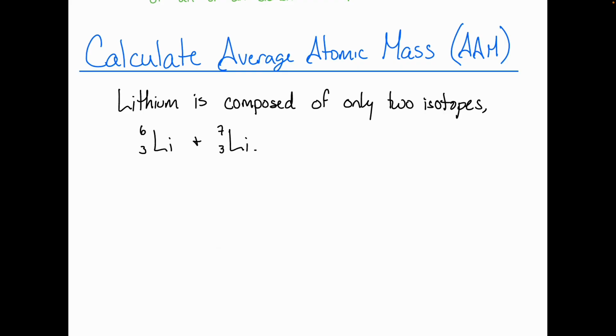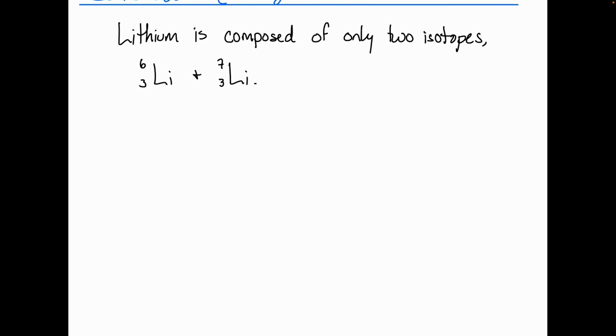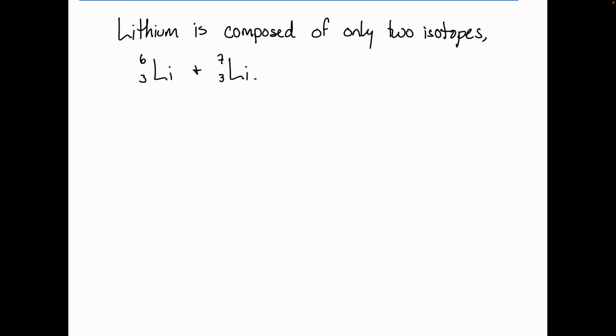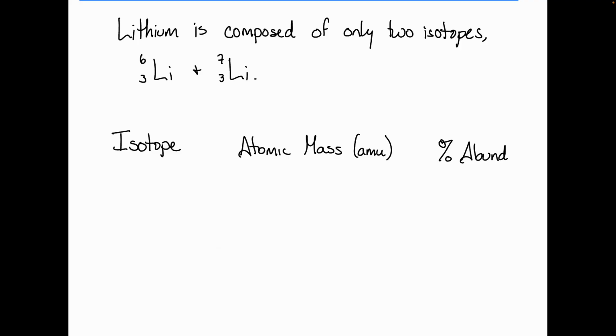All right, so it turns out that all the lithium atoms in the world either have 3 neutrons or 4 neutrons. Okay, and I'm going to give you this data table here. I'm going to tell you for each one of these isotopes, I'm going to give you the atomic mass of that isotope in AMU, and I'm going to give you what we call the percent abundance.